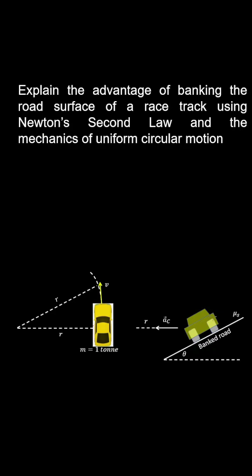Explain the advantage of banking the road surface of a racetrack. Treating this car as a particle travelling on a banked surface, the normal force acts normal to the surface, the force of weight acts downwards, and the static friction force acts along the road surface.